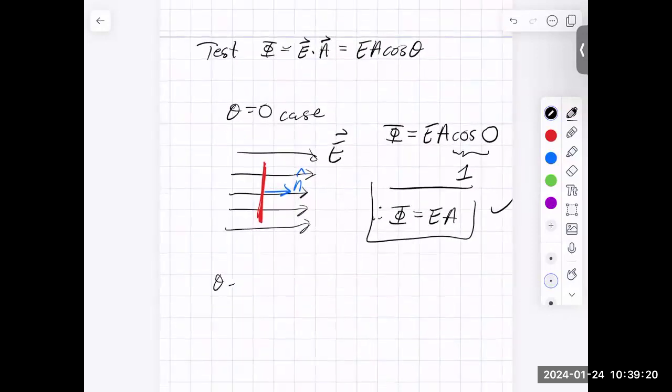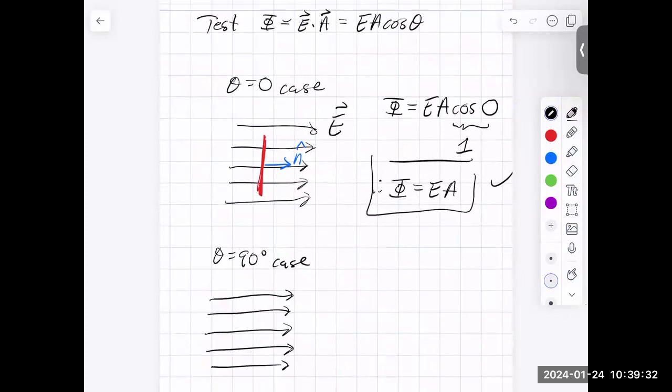Let's try another one. Theta is 90 degrees. Okay, so we'll draw our same picture with our electric field E. So theta is 90 degrees. That means we have to have a normal vector that's perpendicular to the electric field. And so if our normal vector looks like that, then our surface has to be perpendicular to that, and it's sitting in the electric field like so.